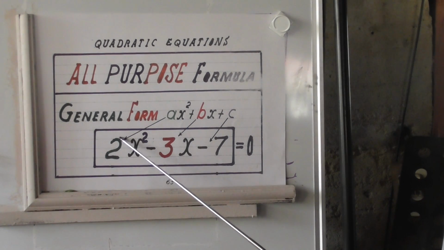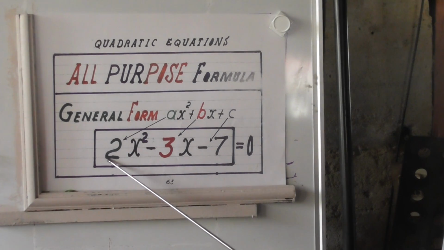But as soon as I have more than x squared, well, forget about your trial and error, because that doesn't work anymore. So as soon as you see this, forget about trial and error. It doesn't work. That's a headache.